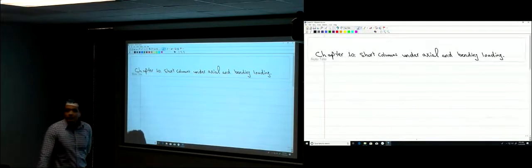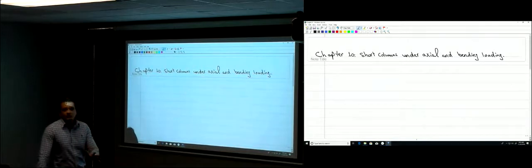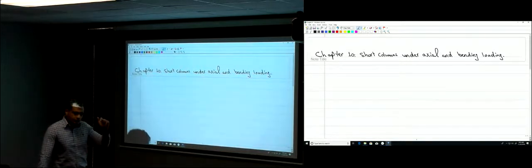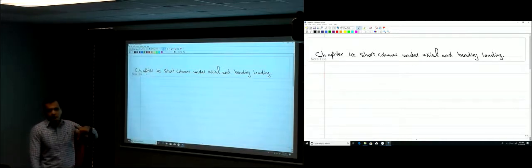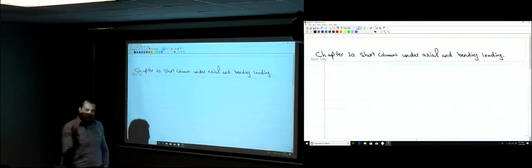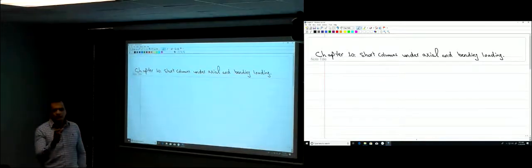In chapter 9 we discussed columns under uniaxial load. You have a compression load on a column, and we saw the design equation. It's just one design equation.